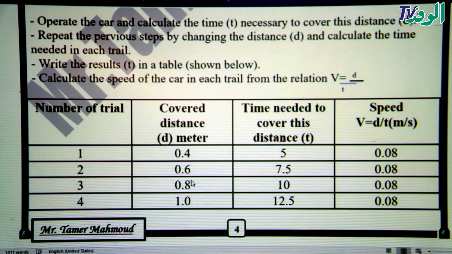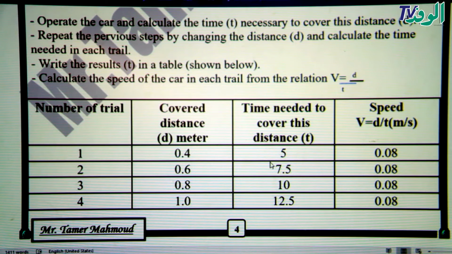What do you observe from these results? What about the distances? 0.4, 0.6, 0.8, 1? The object cuts equal distances. Okay, what about the time? 5, 7.5, 10, 12.5.